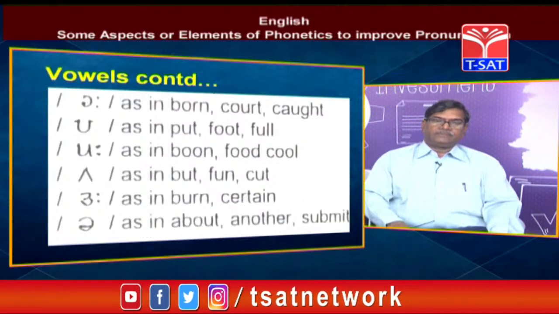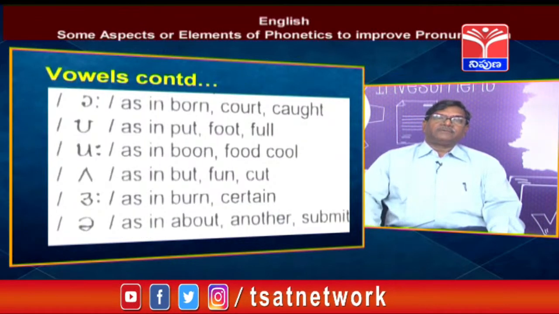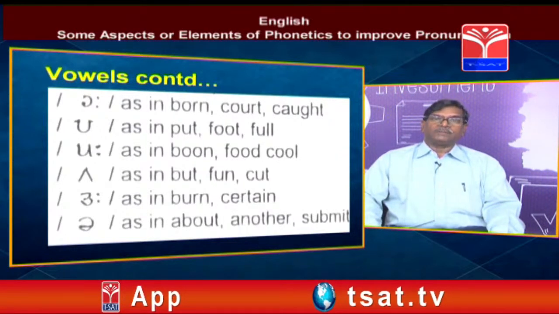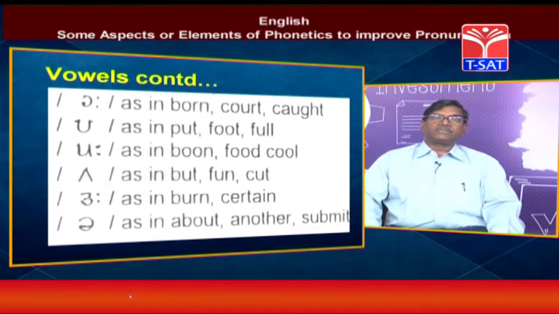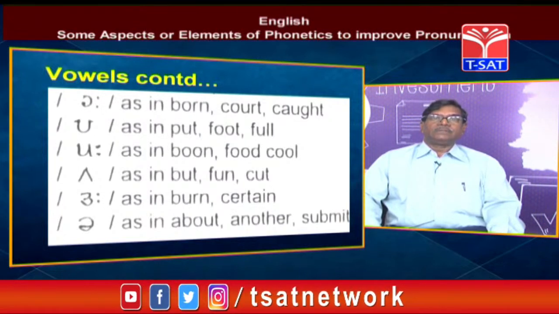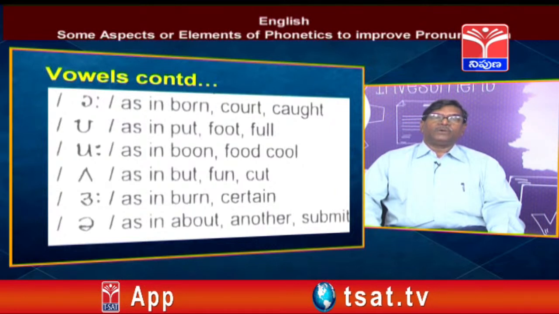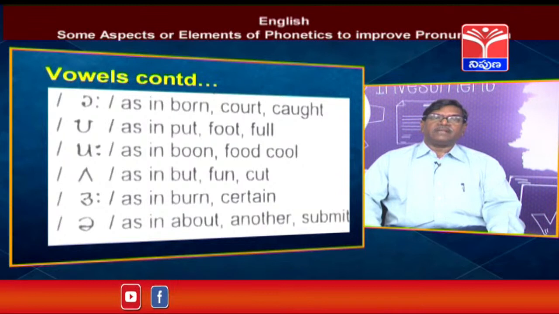And then we have the symbol O, as in born, coat, C-O-U-R-T, court, C-A-U-G-H-T, caught also, B-A-L-L, ball, A-L-L, all. So, in all these words we have the sound O, elongated O, which we have in our Indian languages.